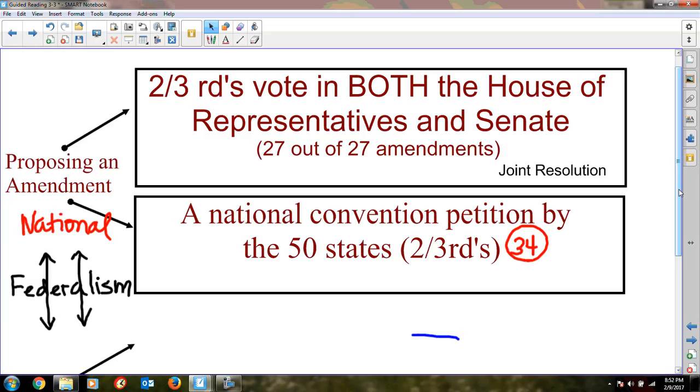People are worried that if we would suddenly have a national convention called by 34 of the states to meet, let's say in Kansas, to pass a balanced budget amendment, as the example before given, what if we all got there and we decided to go rogue and we added a bunch of other things to the agenda, and how would you choose how many representatives each state has? And would that be like in Congress where California would have more votes than Iowa? Because we've never done it is why we never do it.